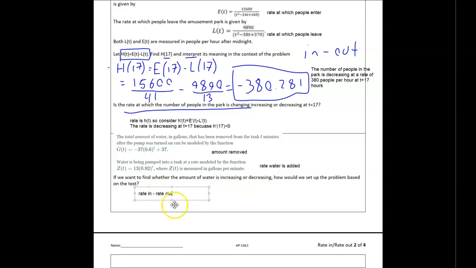Okay? So rate in is easy. Rate in is z of t. Minus rate out is not g of t, right? G is the total. So if we want rate out, we want how much the total is changing. That would be g prime of t. So that's how we would set up this problem, and then we consider the sign of the result.